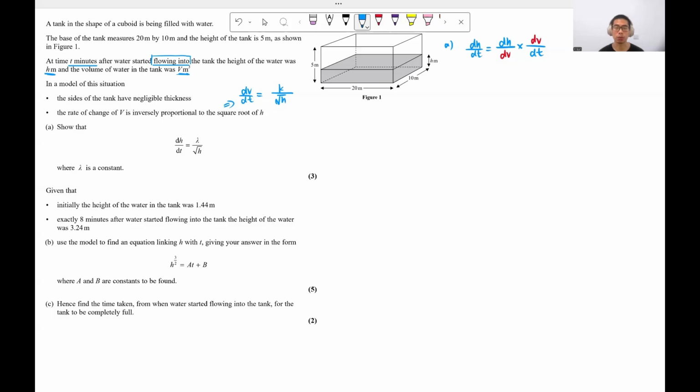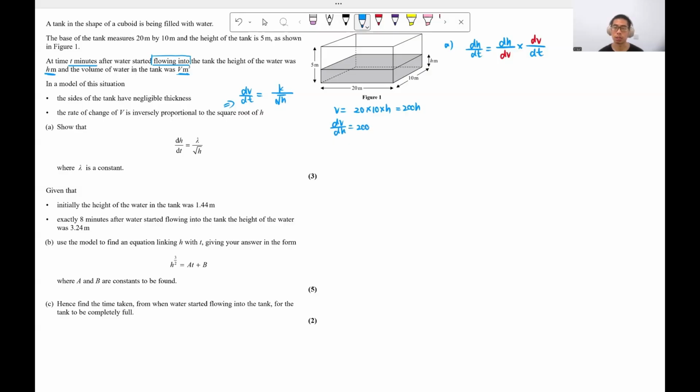To set up the equation is very simple. Volume equals 20 times 10 times h, which is 200h. So dV/dh is just equal to 200.